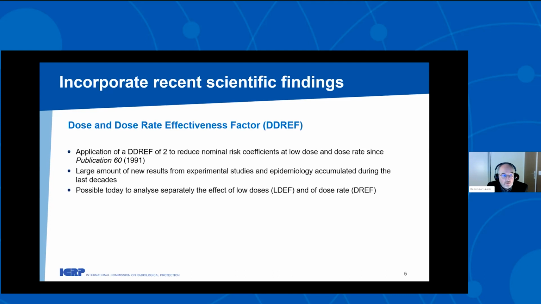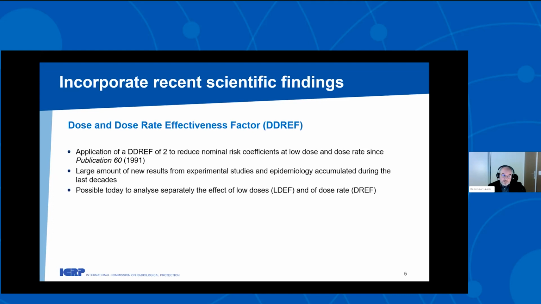The application of a factor of 2, when we apply these risk models to low dose and dose rate, has been introduced in the calculation of detriment in Publication 60, so in 1991. And it has not been revised since then. Of course, since then, a large amount of new results from both experimental studies, in vitro and in vivo, but also from epidemiological studies, have accumulated during the last decades.